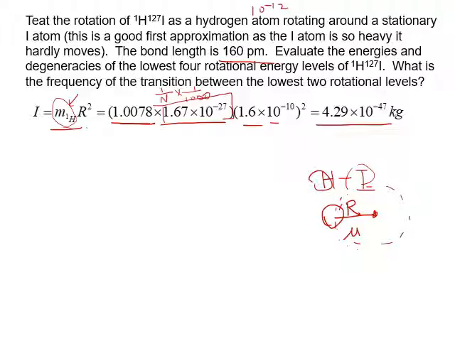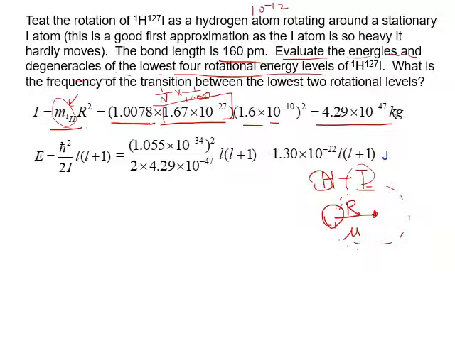So the question is, evaluate the energies and degeneracies of the lowest 4 rotational energy levels. Now the rigid rotor approximation quantum mechanical calculation gives you allowed energy levels that are determined only by quantum number L. That's the conclusion from the previous slides.